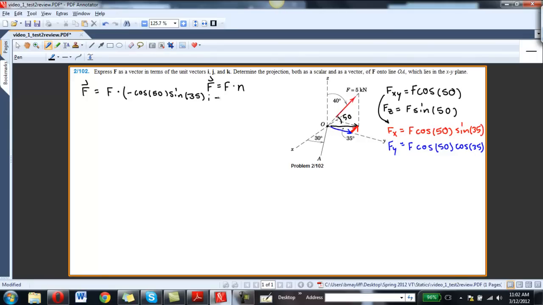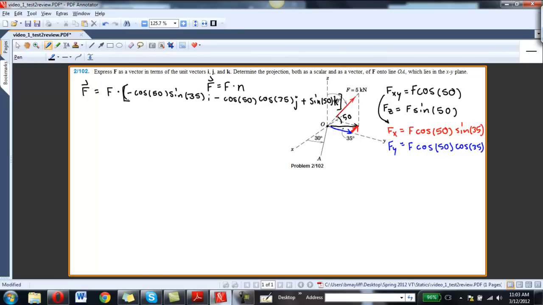And let's see, j would also be negative, so negative cosine 50 cosine 35 j. And then that's going to be positive, so plus sine 50 k. Okay, there we go.